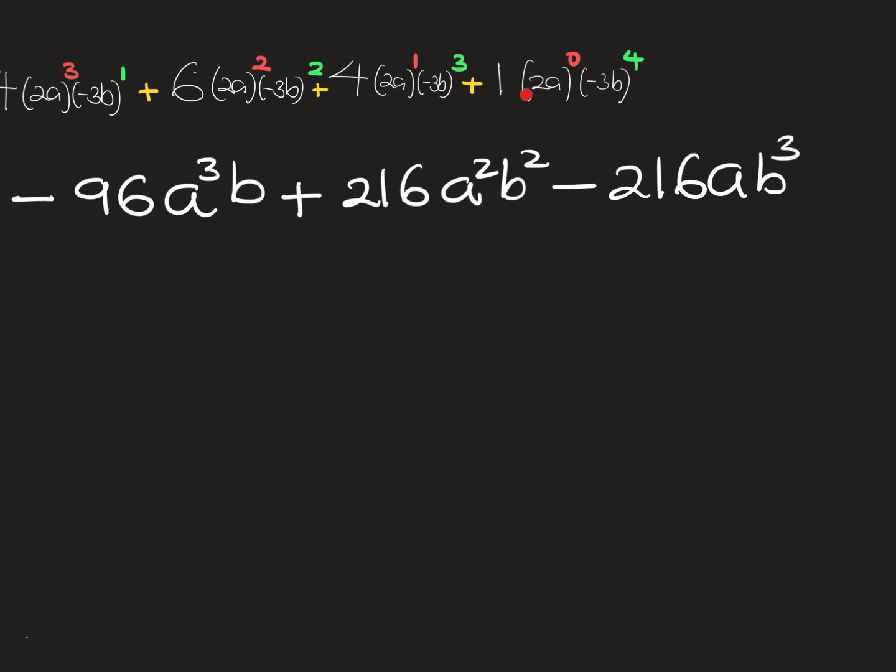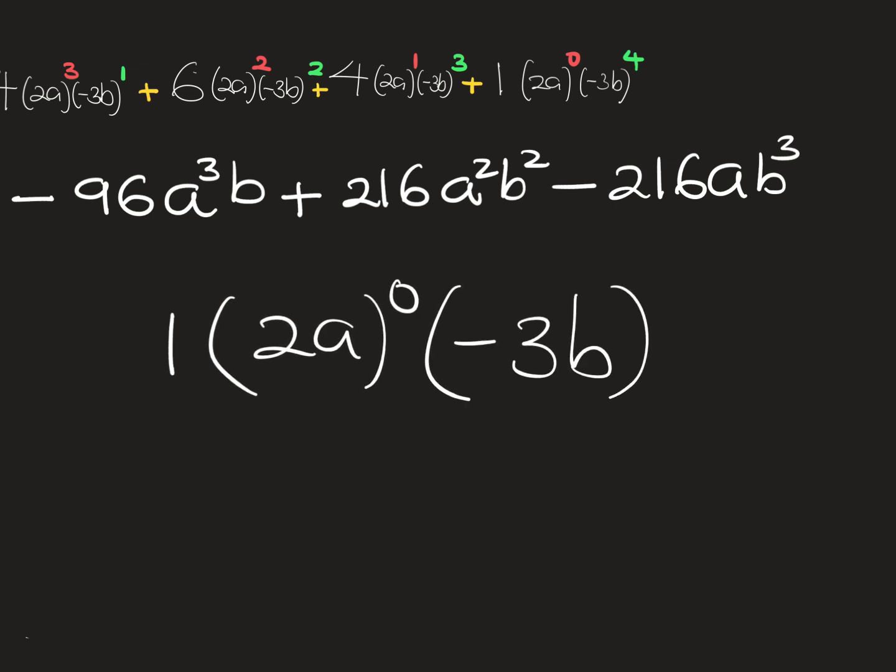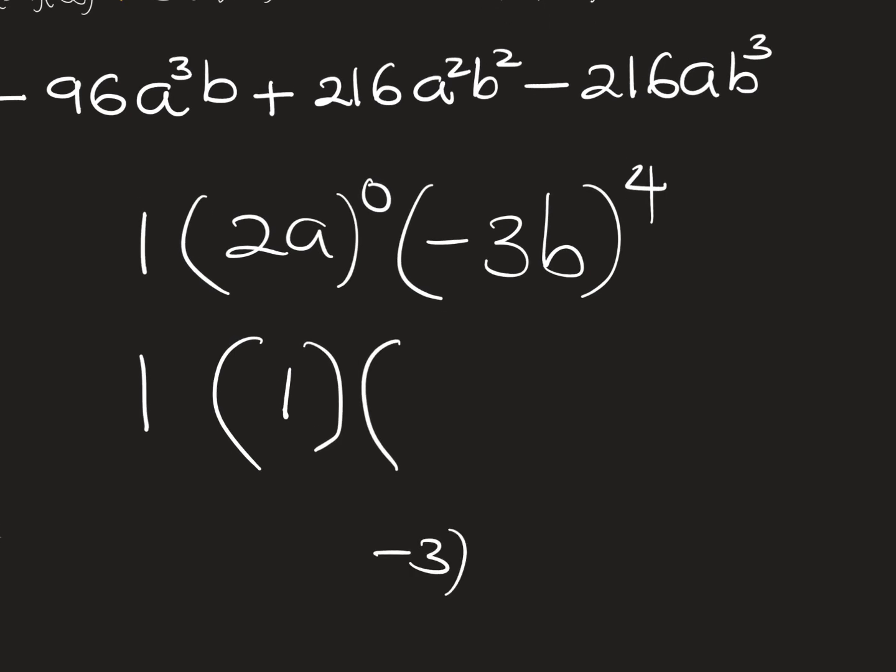And finally, for this expression, 1 into 2a to the power 0 minus 3b to the power 4, that is 1 into 2a to the power 0, which is just 1, because anything to the power 0 is 1. Then into minus 3 all to the power 4, which is 81, so that will be positive 81.